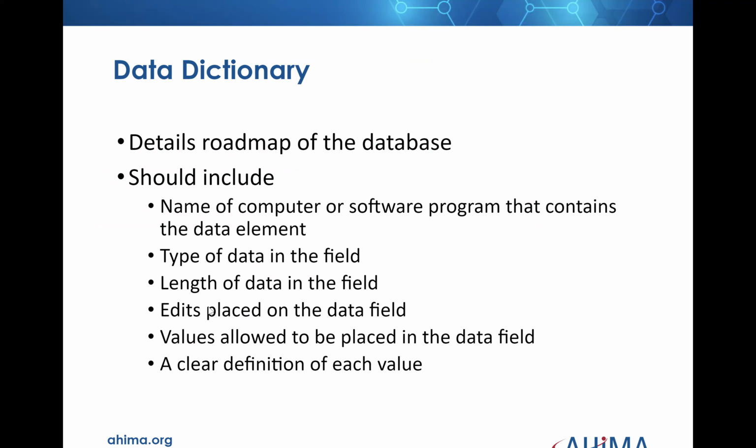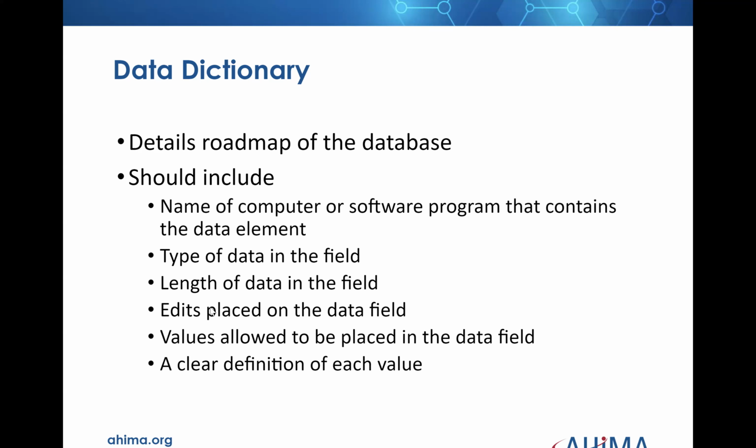Data dictionaries are basically a guide to how we manage data. Data dictionaries should map out what the data is and how it's managed. So in other words, a simple example is how we have dates of birth. Is it in 6 digits, month, day, year?